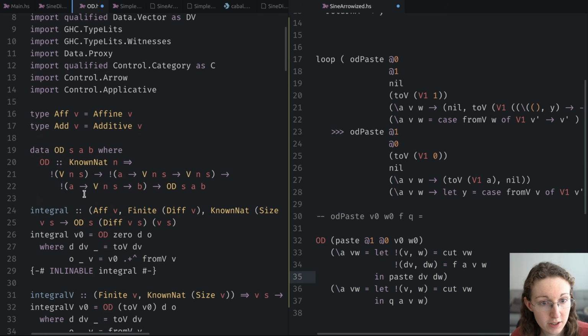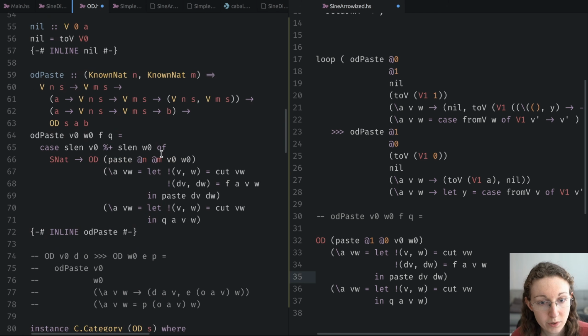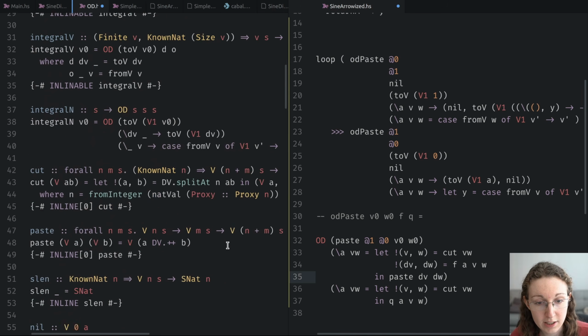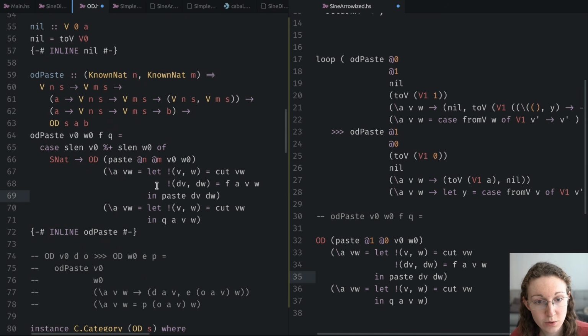And if we look at the definition here, the first argument has some length n, and then each of these two arguments is passed a vector of length n. So in this particular case, each of these will have length n plus m. And this paste call here has to return another vector, so it's also going to have to return something of length n plus m.